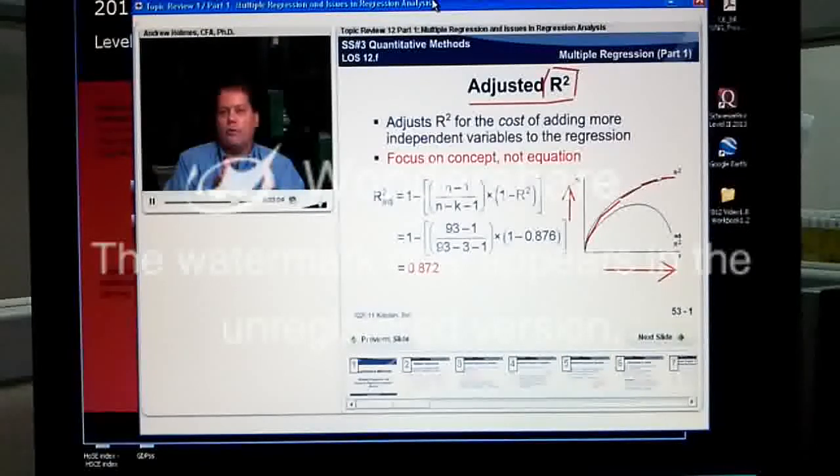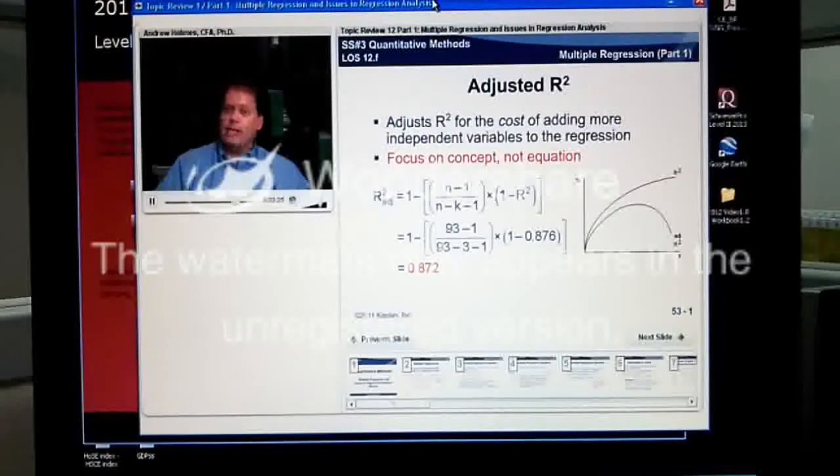If we had three explanatory variables in our model and went to 4, the new variable can't destroy the explanatory power of the old variables. So as you add variables to your model, your R squared can, at some point, stay the same, but think of it as increasing, and probably increasing at a decreasing rate.